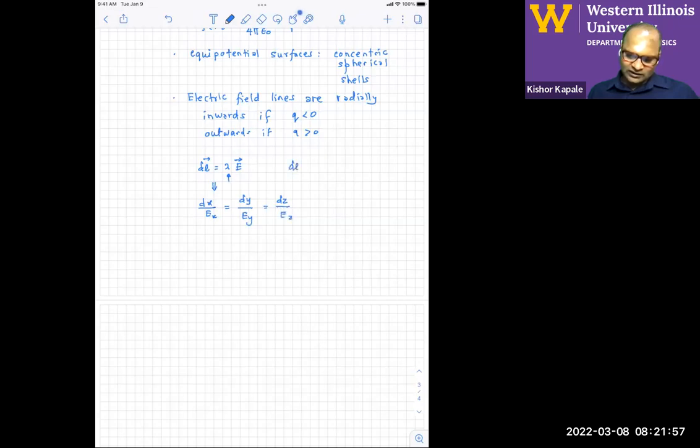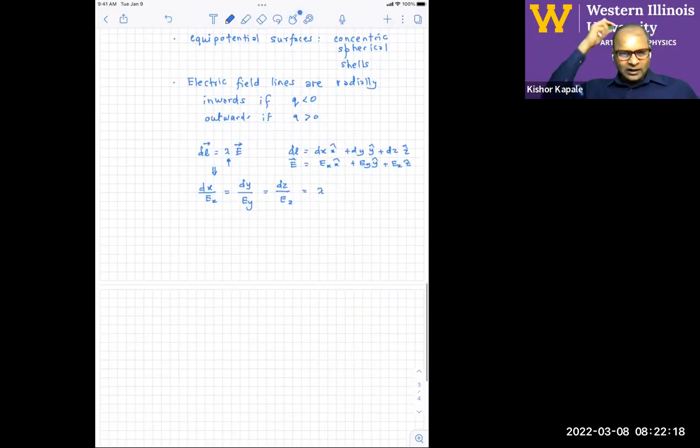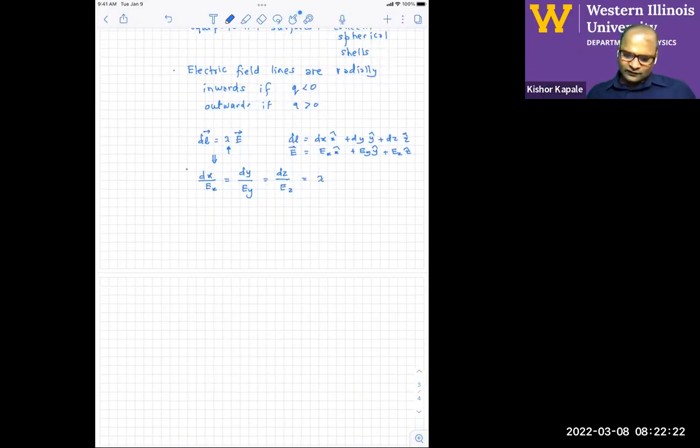Because what we have done is dl is dx x hat, dy y hat, dz z hat, and E is Ex x hat, Ey y hat, Ez z hat, and then all of that is going to be equal to lambda. And then these would give you the electric field lines if you could find the analytical solutions of this, right?